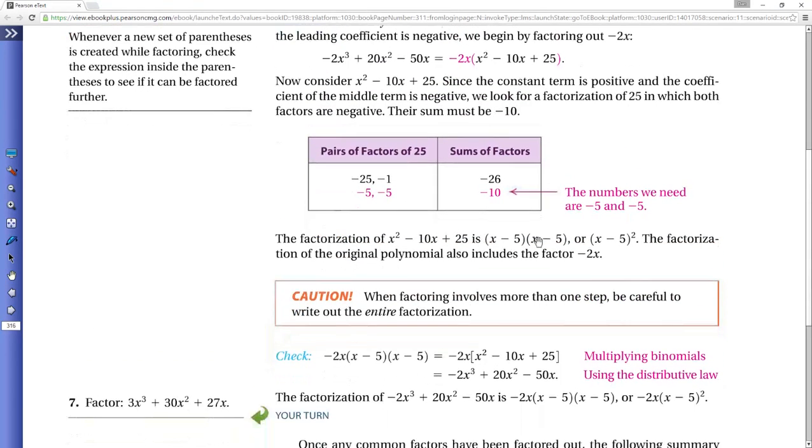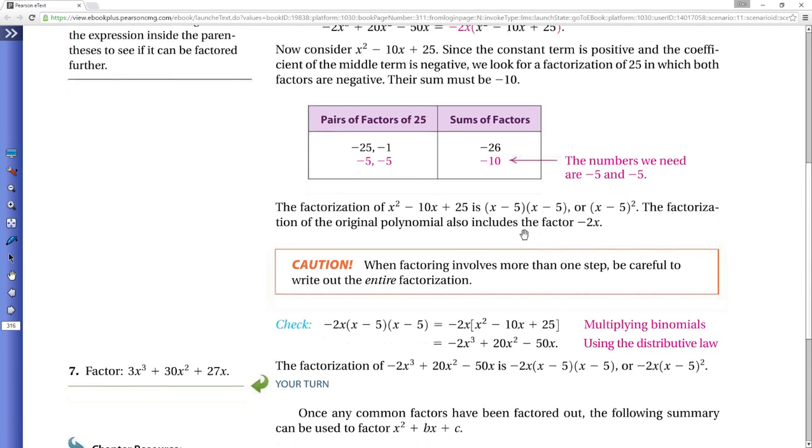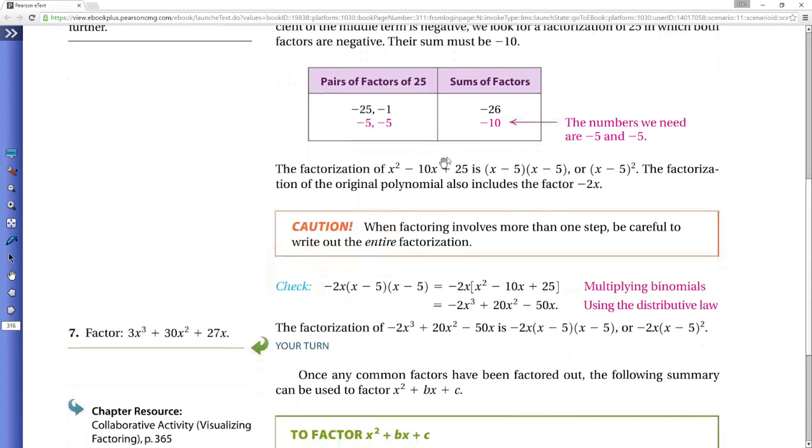This is really a binomial squared. If you saw the pattern, you'd say, hey, I've got something squared, something squared. Is this the sum of those 2 things, squared? Some of you may have noticed you could jump right to this factoring here. But even if you don't, you do the anti-FOIL, you end up here. A very common mistake is to forget about this negative 2x.